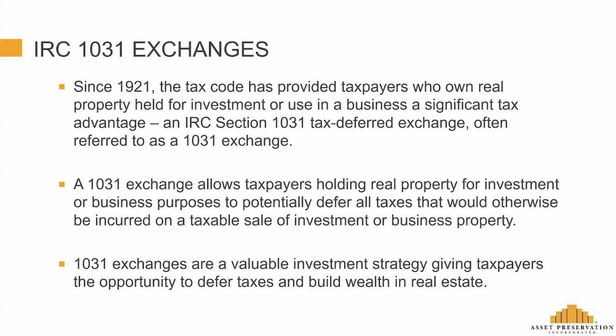But this is the way that a real estate investor builds wealth with real estate. Instead of selling and having to pay all the taxes, you just redeploy the equity into more like-kind property. And what happens is the taxes are deferred into the future, and we'll get into that in a moment. And here's the beauty of a 1031 exchange. As long as you keep doing subsequent exchanges, you can do this over and over and over again.